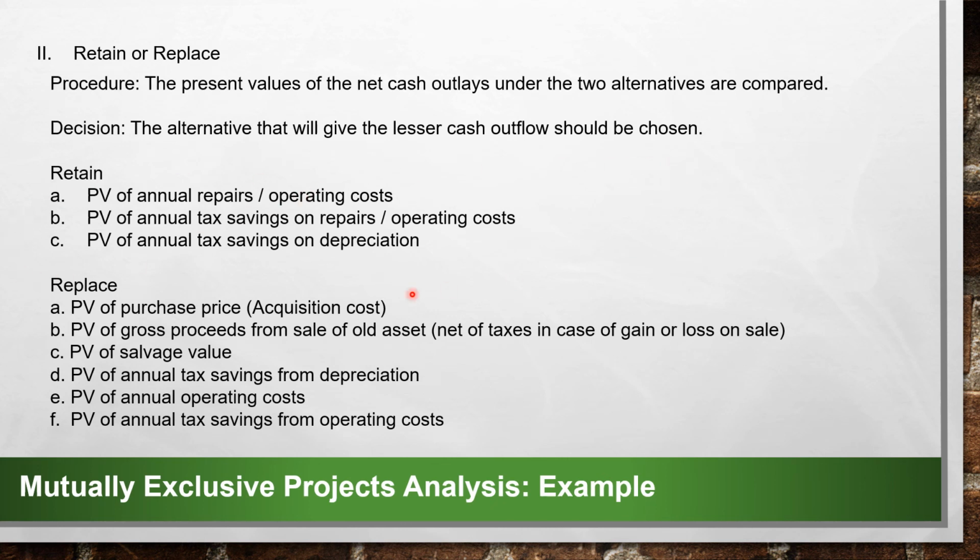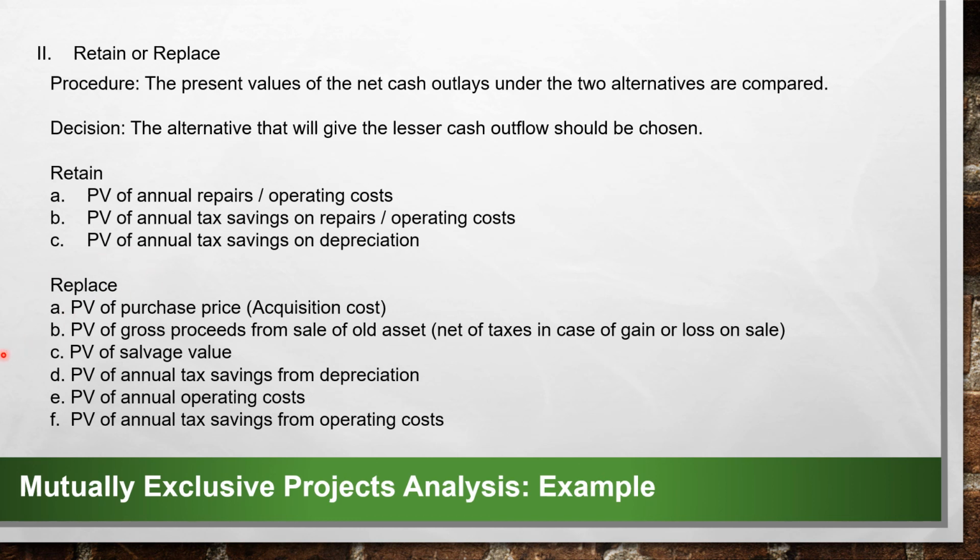For the retain alternative, we have three relevant costs. First, the present value of annual repairs or operating cost. Second, the present value of annual tax savings on repairs or operating cost. And the present value of annual tax savings on depreciation.